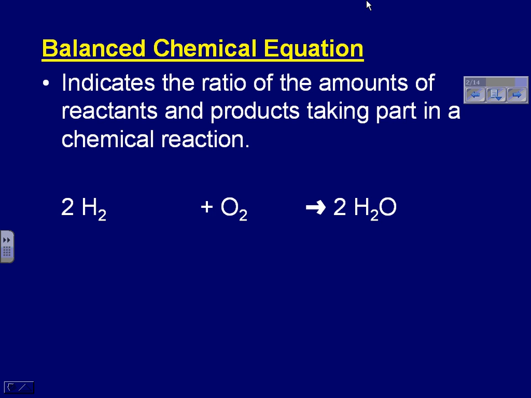That's where we begin. It indicates the ratio of the amounts of reactants and products taking part in a chemical reaction. We've already seen balanced chemical equations.